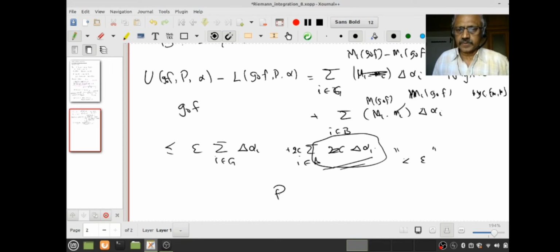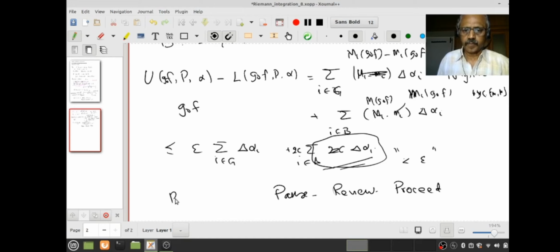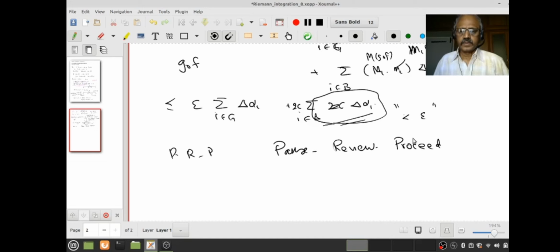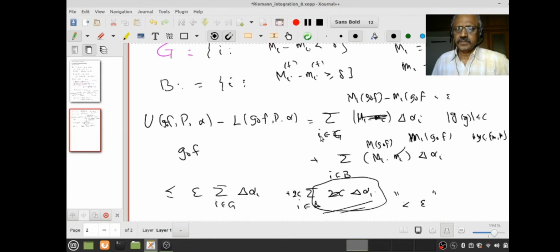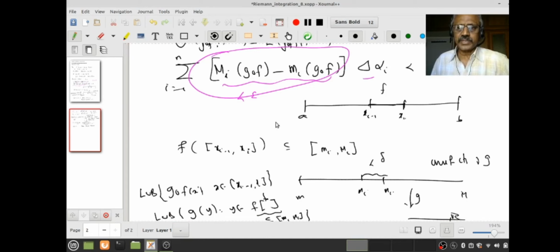Do you understand this? Okay, let us go slow, don't worry. You will see the proof is extremely easy once you understand and analyze like this.